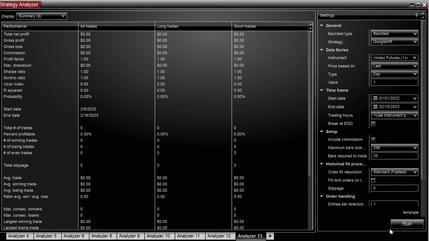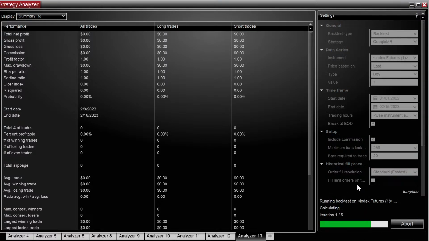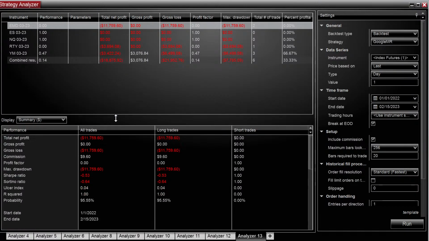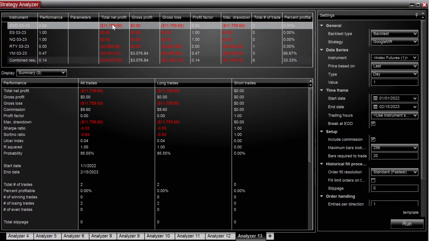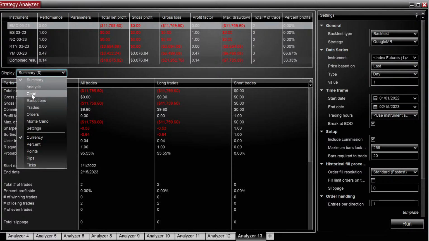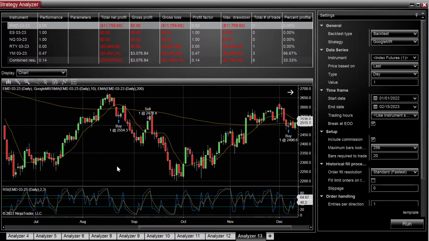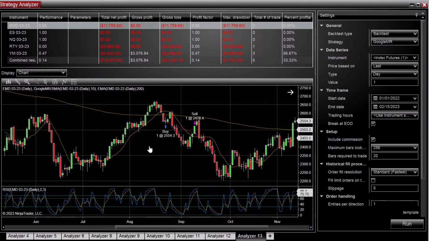Okay, let's see what happens on the daily chart with this little basket of indexes. Looks horrendous. Let's first check it out on the chart, make sure it's doing it correctly.